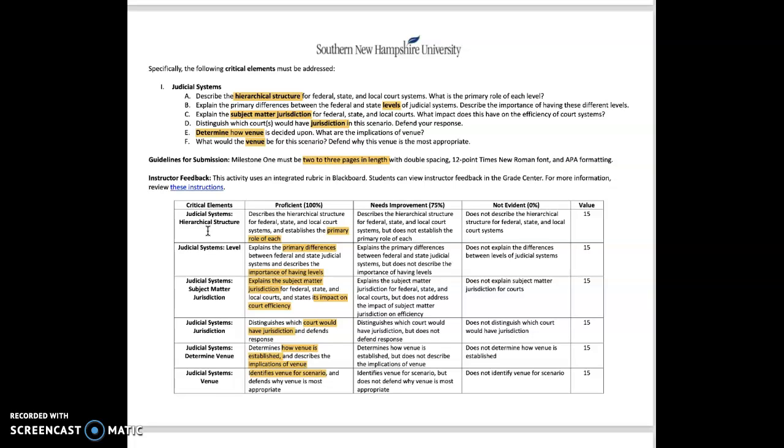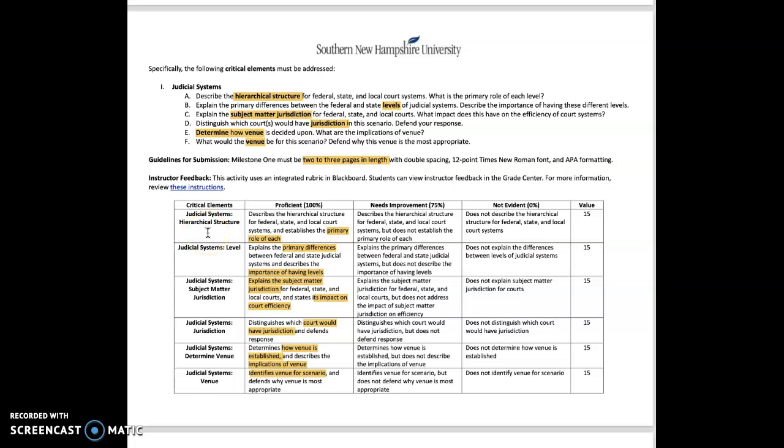State courts can become a little bit more complicated, and I'll explain an easy way to identify those tiers. Then we're going to talk about subject matter jurisdiction, determining venue, and venue. But let's take a look at the hierarchical structure.